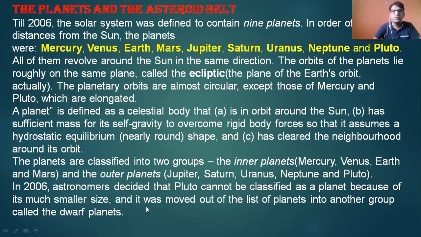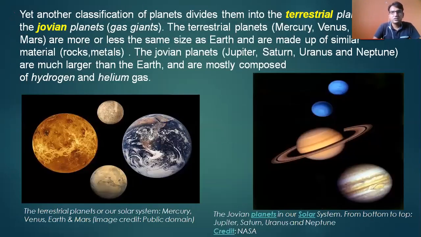It was moved out of the list of planets into another group called dwarf planets. So now Pluto is a dwarf planet; it is no more a planet because it is too small to be considered one.